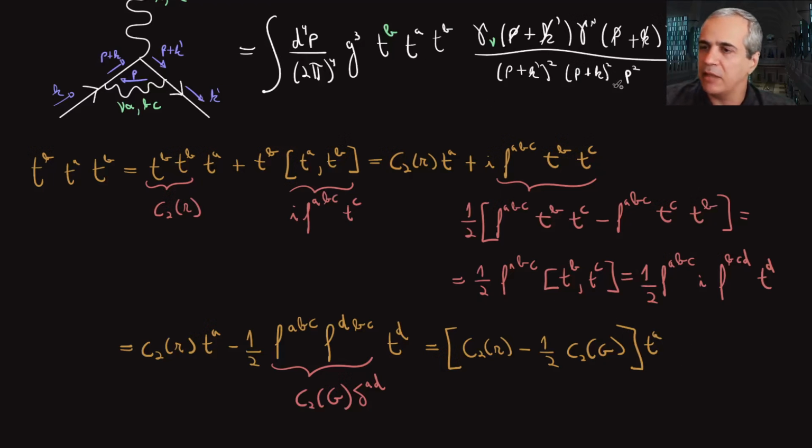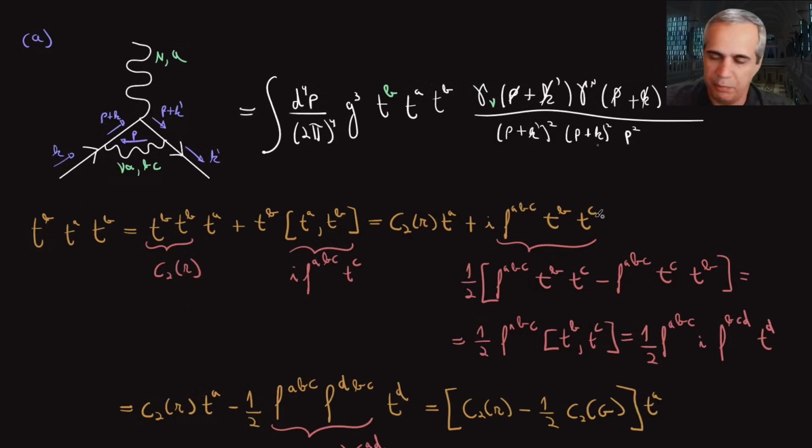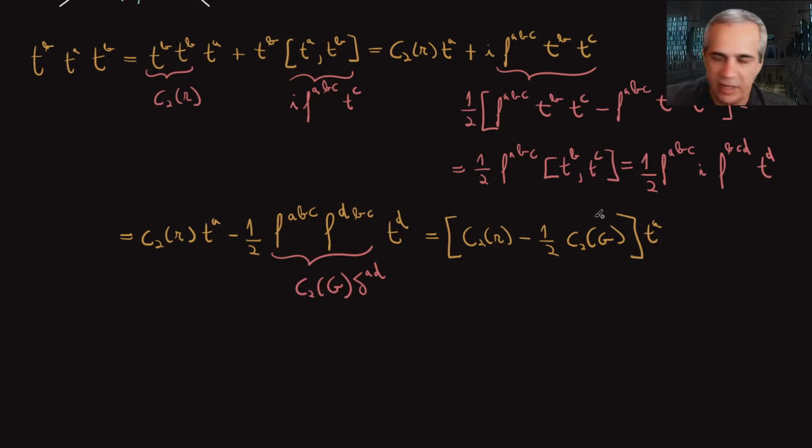The integral itself, since I'm now not worried about complicated cancellations, is already log divergent. I can completely ignore this case here, just take the limit of P going to infinity and actually calculate just this g cubed part.